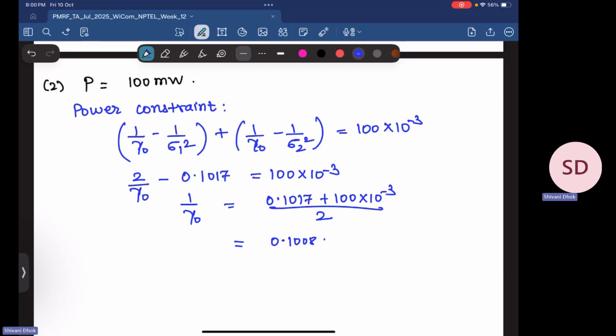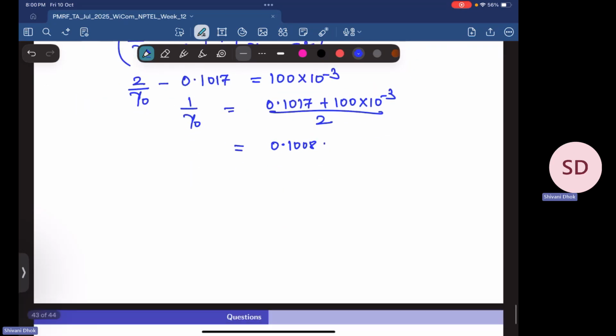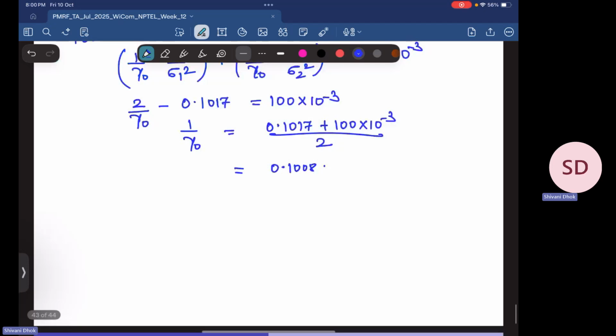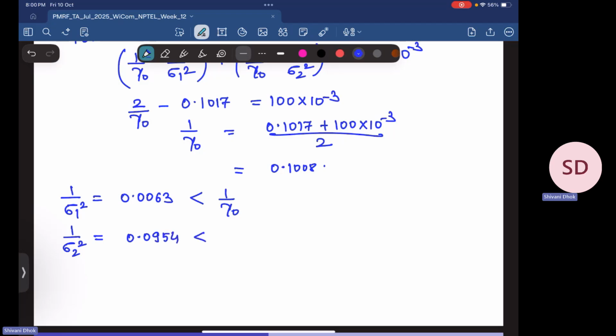Okay. Now we have 1 by sigma 1 square, this is equal to 0.0063, which is less than 1 by gamma naught, and 1 by sigma 2 square, this was equal to 0.0954, which is also less than 1 by gamma naught.